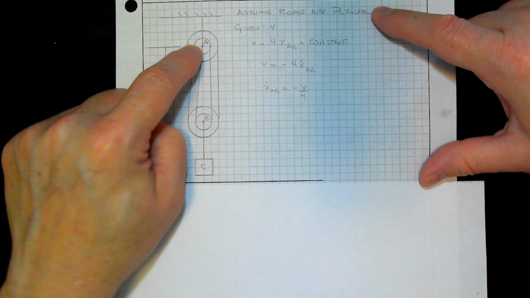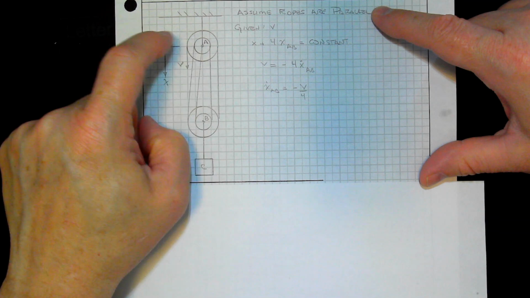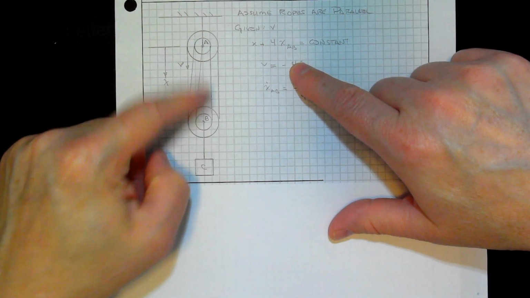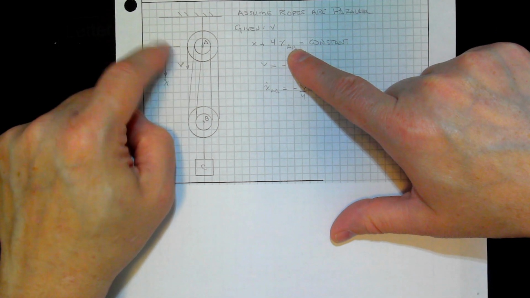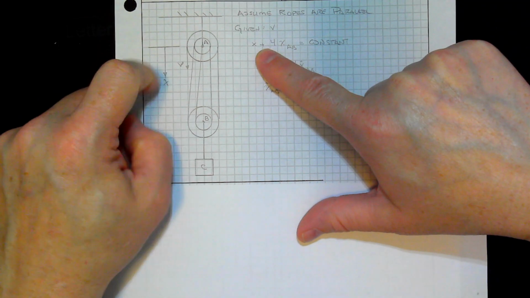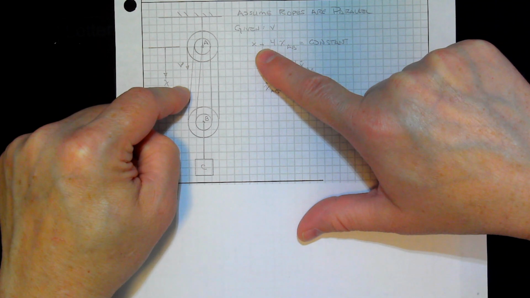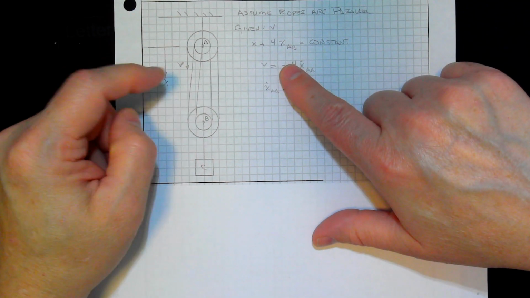We have, if these are all parallel, 4 ropes going from here down to there. So here's A, here's B, 4xAB, and then the amount of rope I'm pulling off, I'm calling X. So whatever rope I pull off comes out of those 4 sections of rope. Okay?